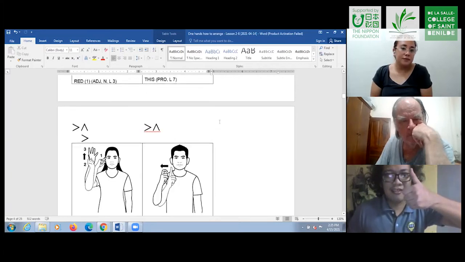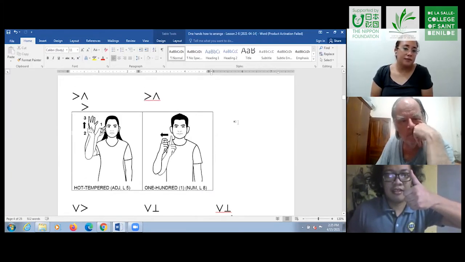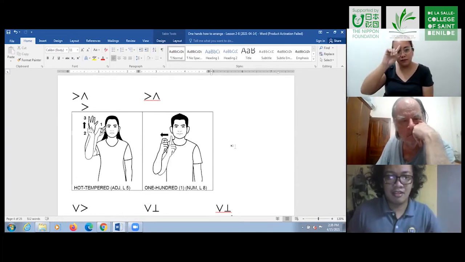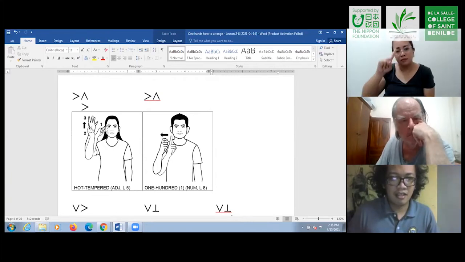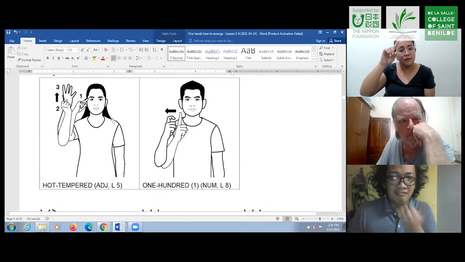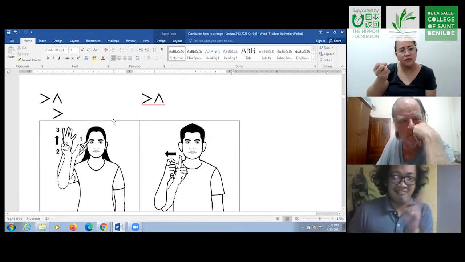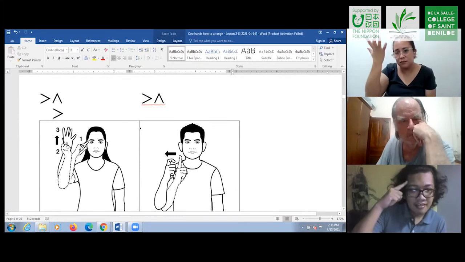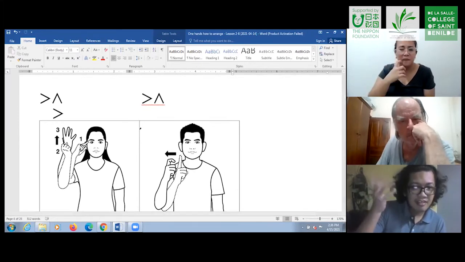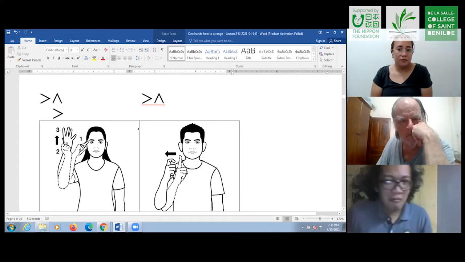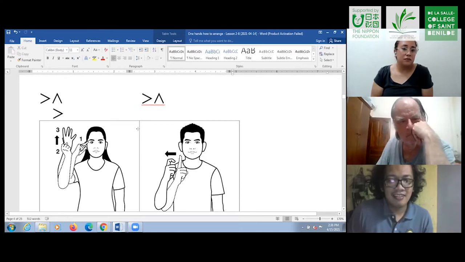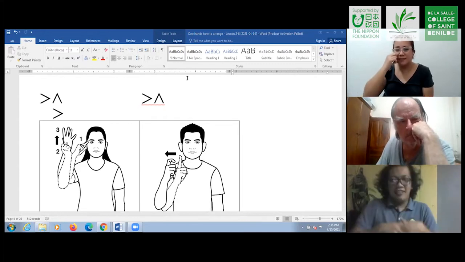So we have red in this, but we have hot tempered and then 100. Should that be the other way around? Based on the orientation, Jasmine is saying think is downward, whereas 100 is left.